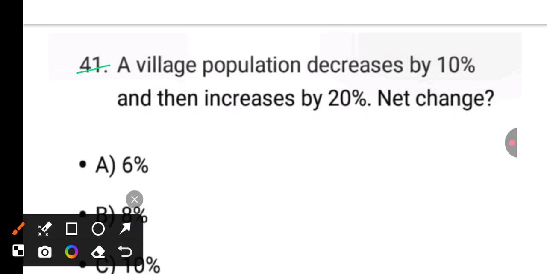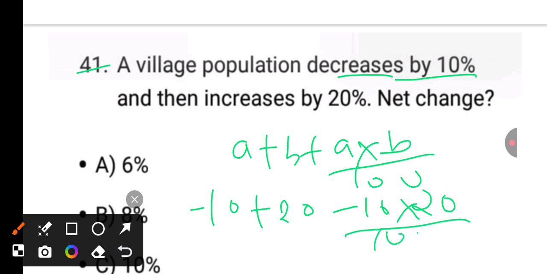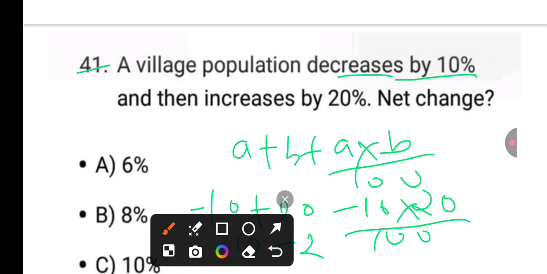Next, again apply the same formula, A plus B plus A into B divided by 100. Decrease means minus 10, it is plus 20, minus 10 into 20 divided by 100, which is plus 10 minus 2. What is 10 minus 2? It is 8%.